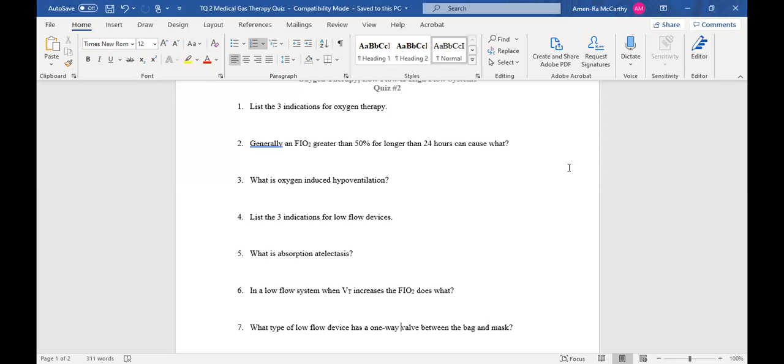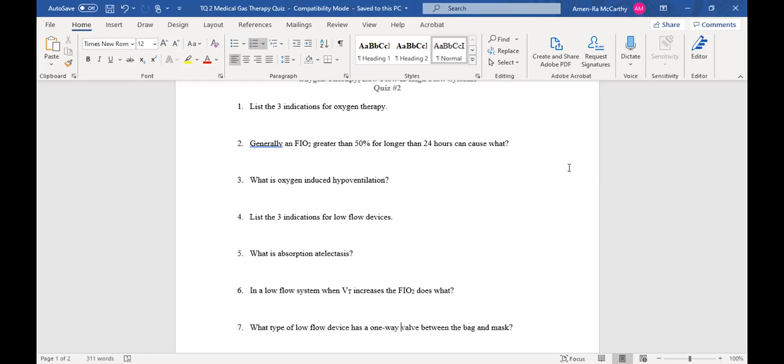And basically hypoxic drive is knocked out. Breathe slower, right? Good. So when you give too much oxygen, you knock out the patient's hypoxic drive if they are a chronic hypercarbic patient. Not everybody, just your chronic hypercarbic patient or your COPD.